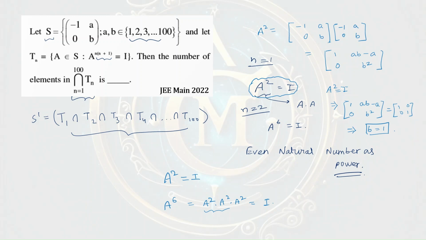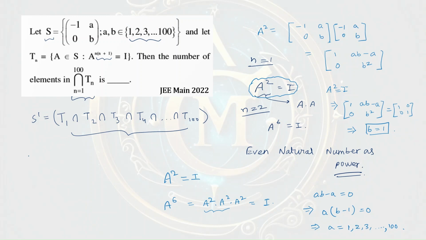And similarly, ab minus a is equal to 0. That means a into b minus 1 should be 0. As b is 1, a can be anything. So a can be 1, 2, 3, so on up to 100. So a can take all the values that are mentioned in this set.